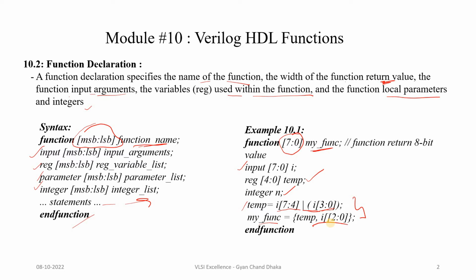For example, here whenever we declare a function myfunc with an 8-bit return value, a variable with the same name myfunc and the width of 8 will be automatically created. So we have to assign the return value of the function to that variable. That is what we are doing here. myfunc will get this value. So this function will return an 8-bit value, which is nothing but this value. So this is how a Verilog HDL function looks like.